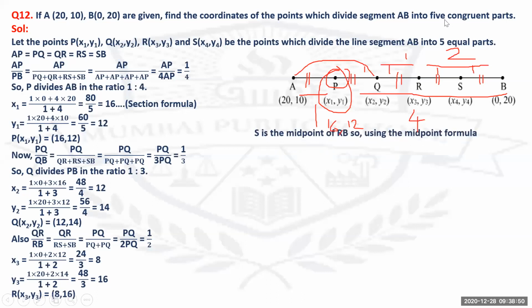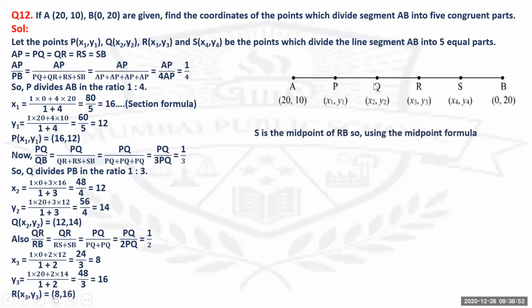Now what you can do is check, S is the midpoint of RB. So using the midpoint formula, you can apply the midpoint formula. That is all depending on you, whether to apply the midpoint formula or to get it by the section formula. Understood?